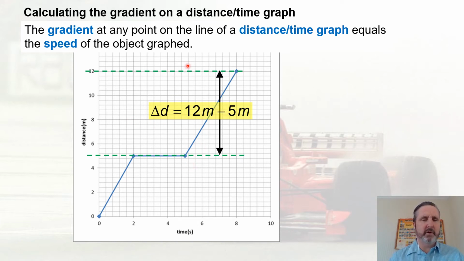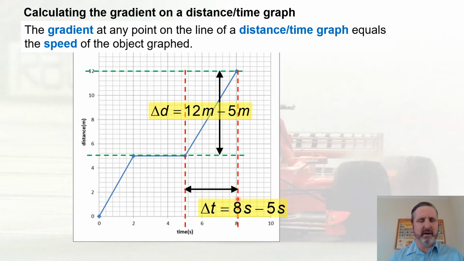Then I want to draw 2 vertical lines from this section, and I want to find the change in the time. So the change in the time here is 8 seconds minus 5 seconds. So we can see here that the object has had a change in distance and a change in time.